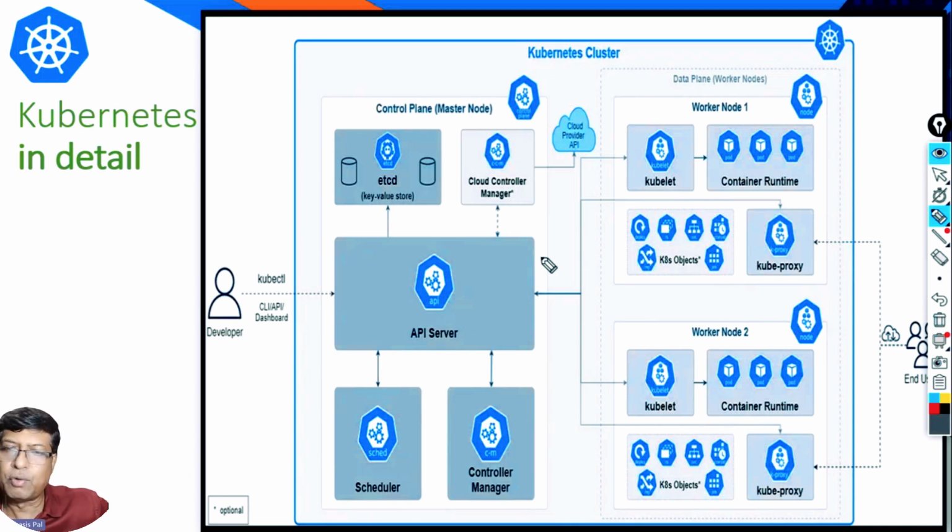Sometimes you can go for a Kubernetes service from the cloud. For AWS, it can be EKS, Elastic Kubernetes Service. Then you need a cloud controller manager in the master plane automatically. It will be there when you install EKS, a Kubernetes cluster over Amazon. This is from AWS.